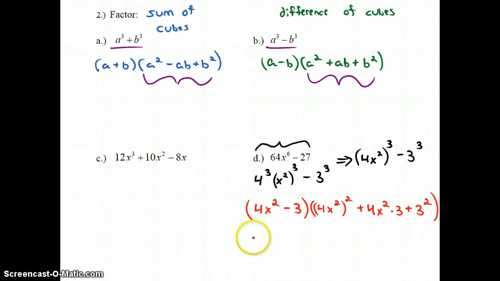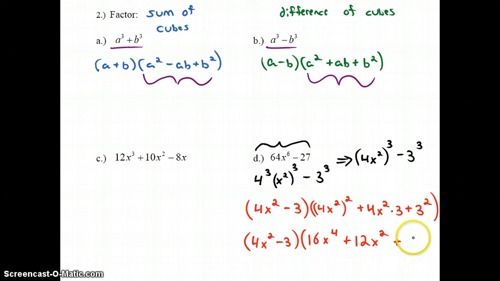I've got to simplify this a little bit to be 4x squared minus 3. Let's see, 4x squared squared is 16x to the 4th, plus 4 times 3 is 12x squared, plus 3 squared is 9. That is what we end up with here. It doesn't look like I can factor this anymore, so I'll leave it at that.